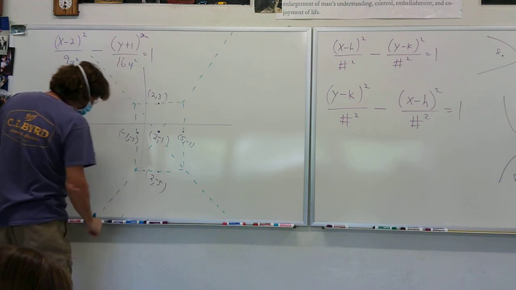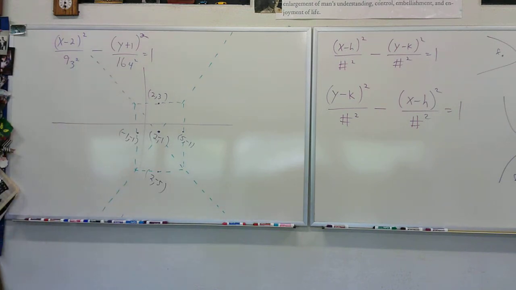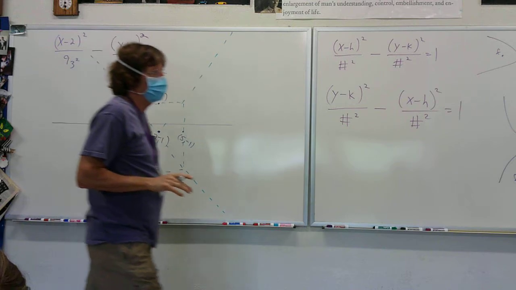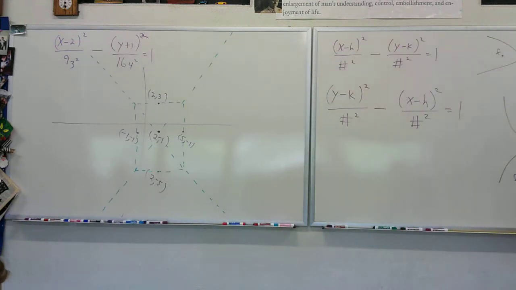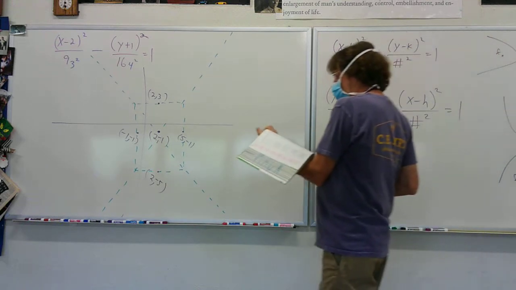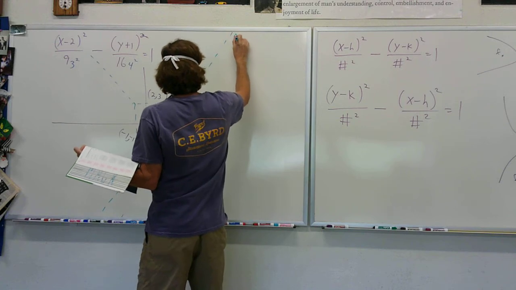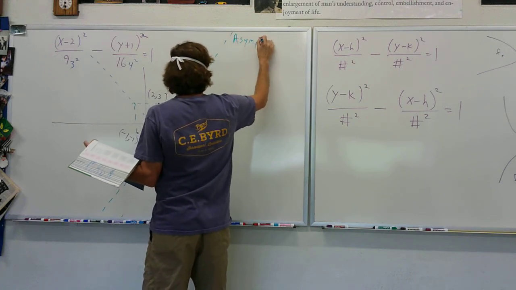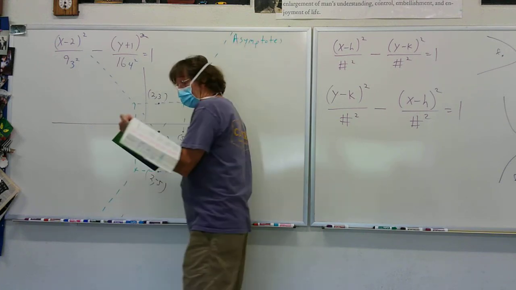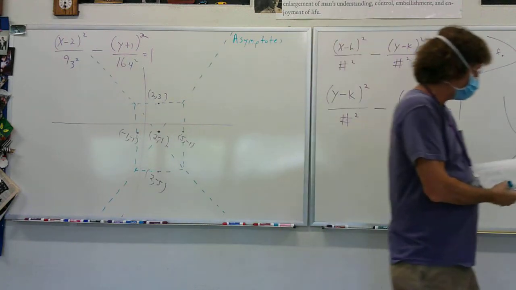Those 2 lines are going to help us draw the hyperbola. And those 2 lines have a special name. I never can spell it, so I'm not going to get it wrong. Asymptotes. They're called asymptotes.